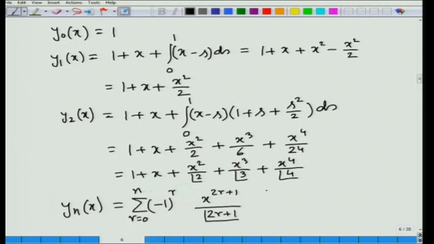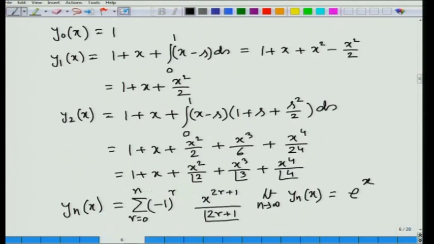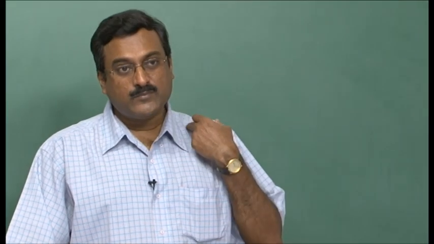And again in this case, limit n tends to infinity, yn x converges to e to the power x. So, that means we are having the same solution. Whatever we have obtained using the initial guess y0x equal to 1 plus x, in case of 0th order approximation y0x equal to 1, we are having the same solution.